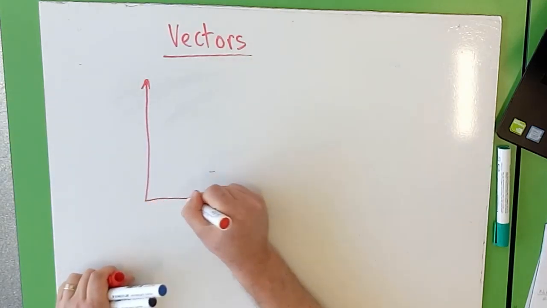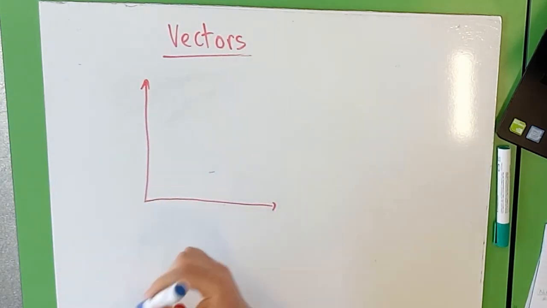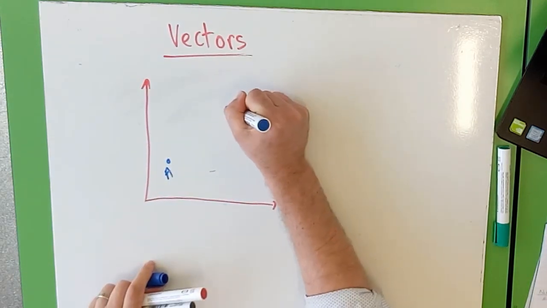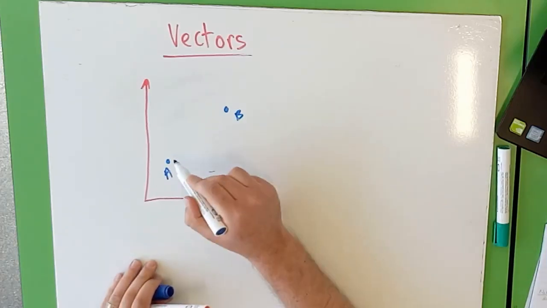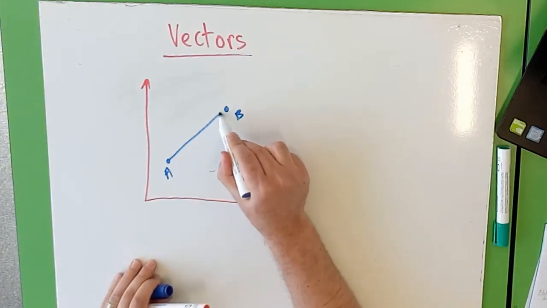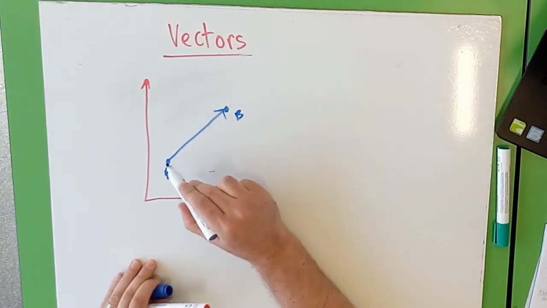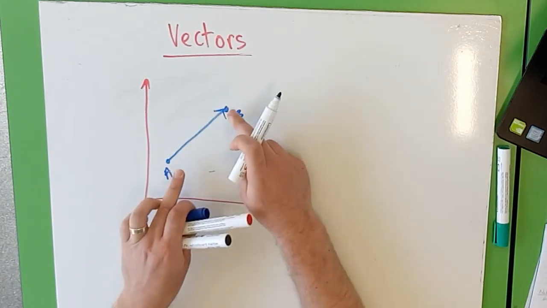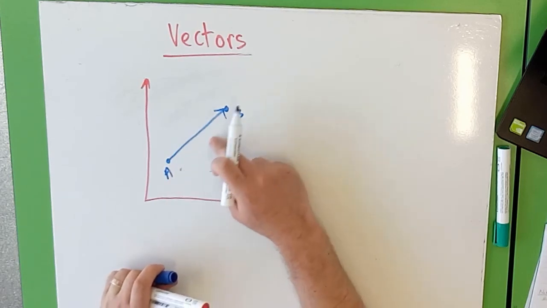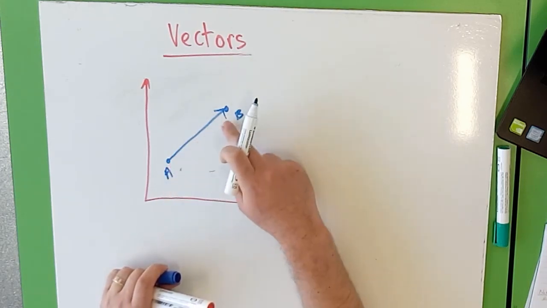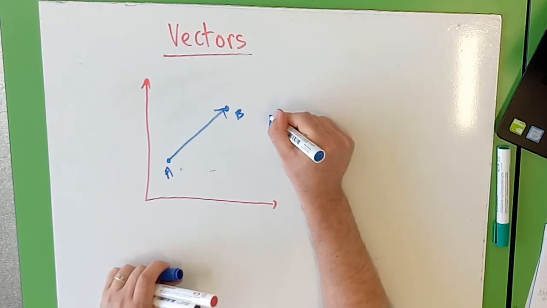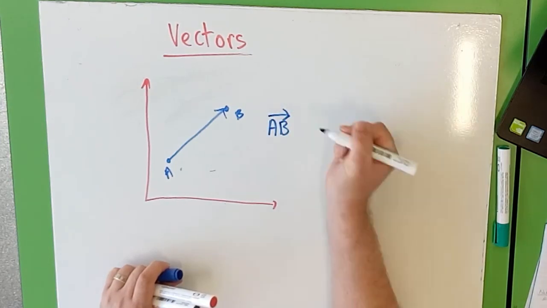Here's a plane, and you could have a point here, this is point A, and a point over here, this is point B. The vector joining those 2 points together, we could draw an arrow from A to B. The length here represents the magnitude of the vector, and the direction is from A to B. So we can write that as AB with an arrow on the top.